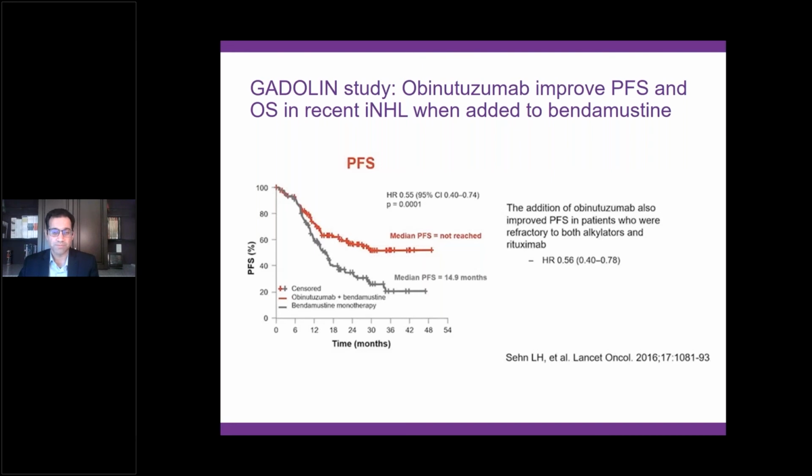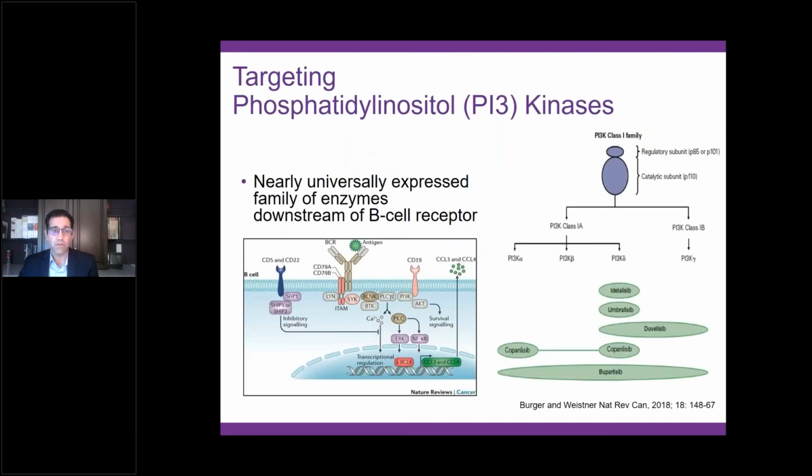obinutuzumab. Another treatment for relapse is called the PI3 kinase. We are targeting them. So if you look at this cartoon here, this is a B lymphocyte, or follicular lymphoma cell, with its cell membrane, where we have some receptors.